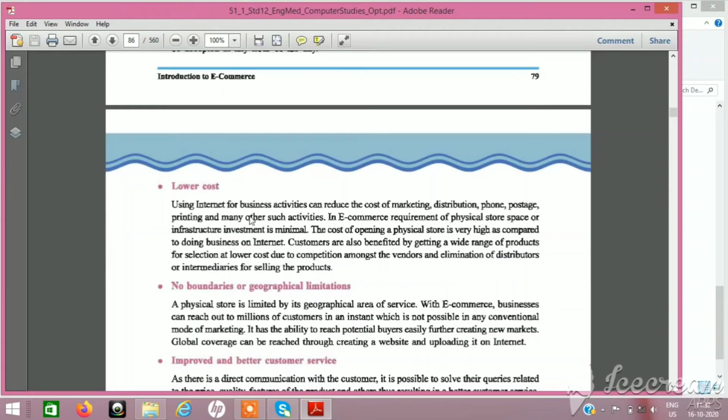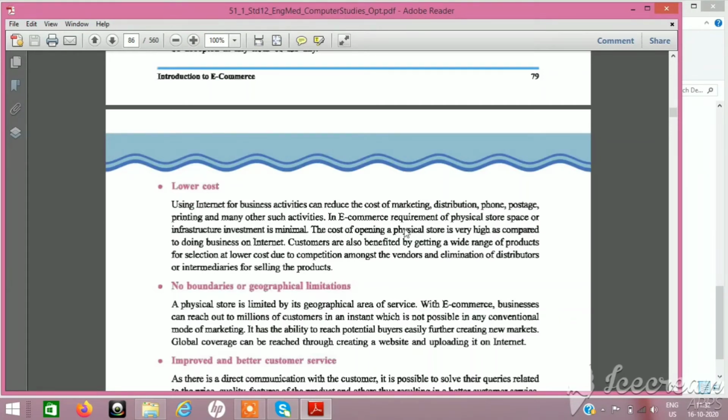Then lower cost. Using the internet for business activity can reduce the cost of marketing, distribution, phone, postage, printing and many other such activities. In e-commerce, the requirement of a physical store or space, of infrastructure investment, is minimal. Minimal means less requirement.